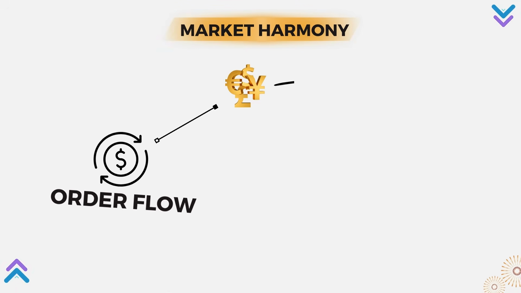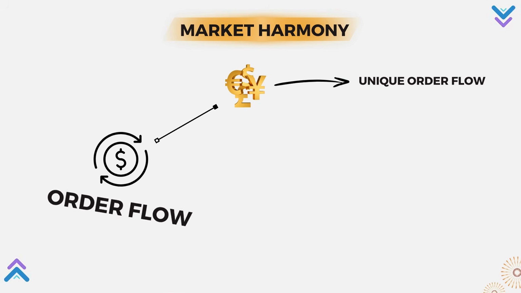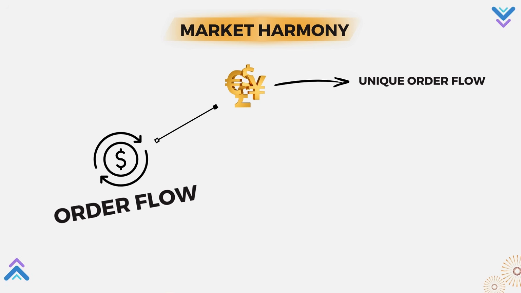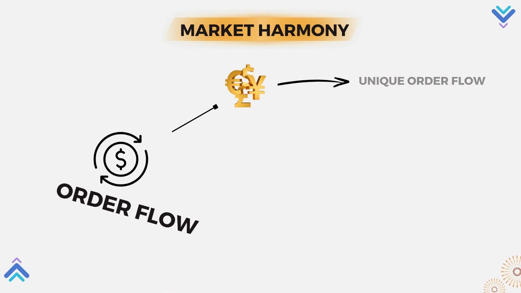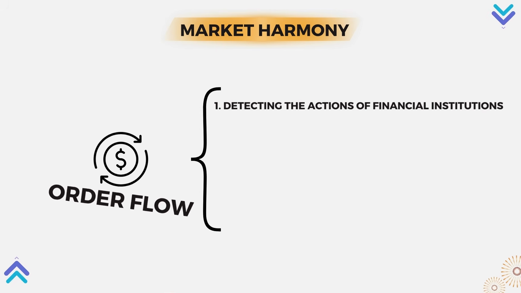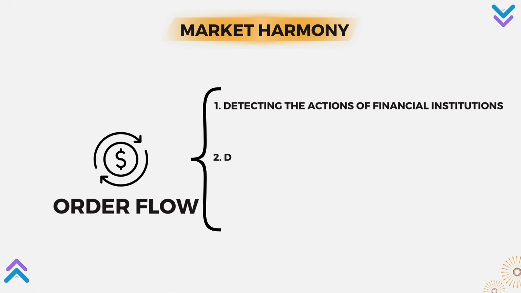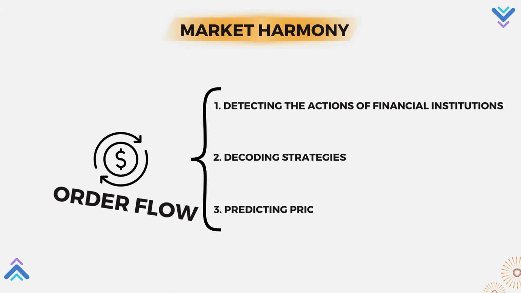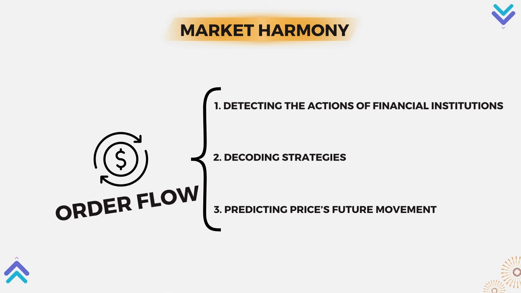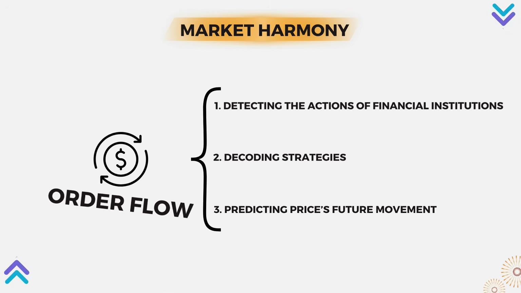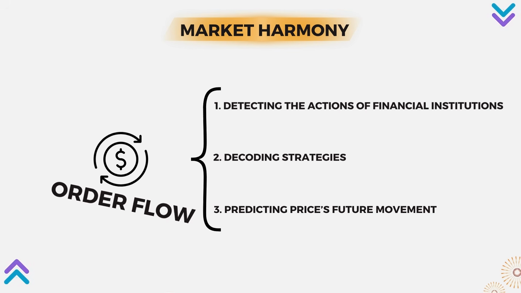Each currency pair has a unique order flow in every trading session, recording the behavior of all participants. By analyzing this order flow, we can detect the actions of financial institutions and decode their strategies, allowing us to make high-probability forecasts about the price's future movements. Remember, financial institutions cannot hide their footprints in the order flow, providing us with valuable insights into their behavior.